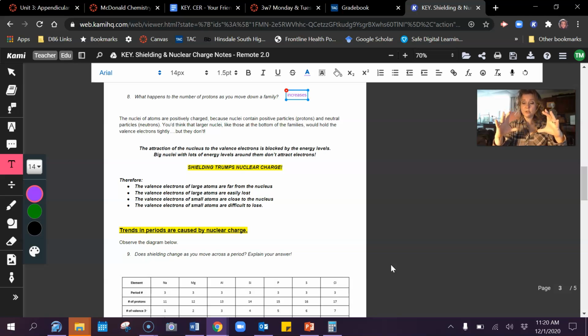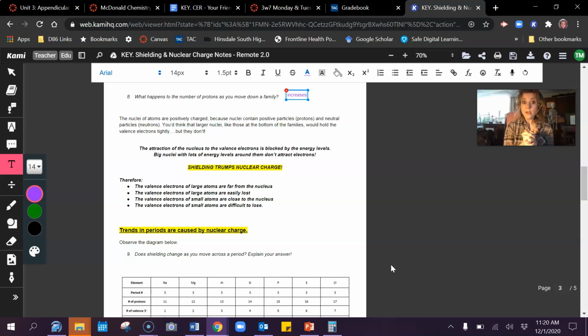As you increase the number of energy levels, because now you've pushed that valence electron so far away, the attraction between the nucleus and its outermost electrons is lowered, is diminished. So the attraction of the nucleus to its valence electrons is blocked by the energy levels.